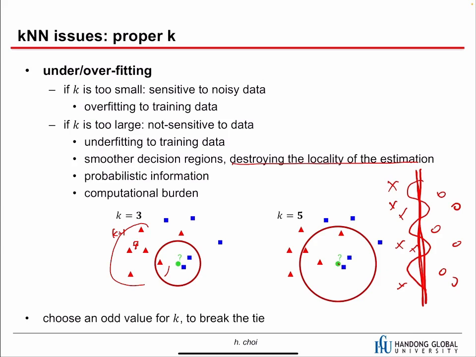If we have 4, and we have 2 blue and 2 red, then how do you know how to classify this new sample? In this case, if we use a different weight depending on the distance, then an even number would be fine. But if it is based on simply a majority vote, then we need an odd number.